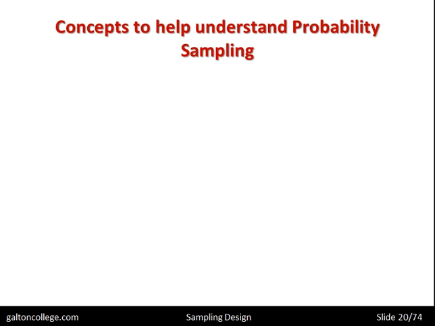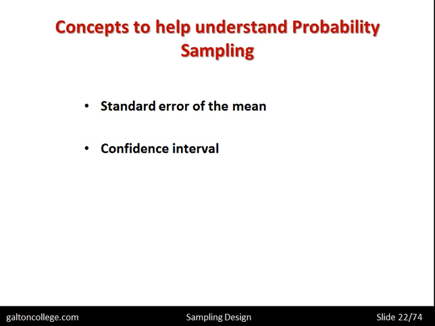Now, some concepts that we bump into. First of all, the standard error of the mean. If you like, what is the deviation from the mean? And it depends on the degree of confidence that we want.